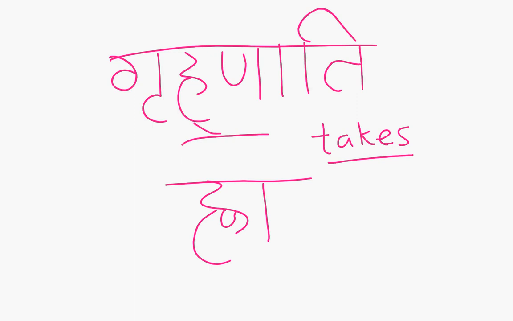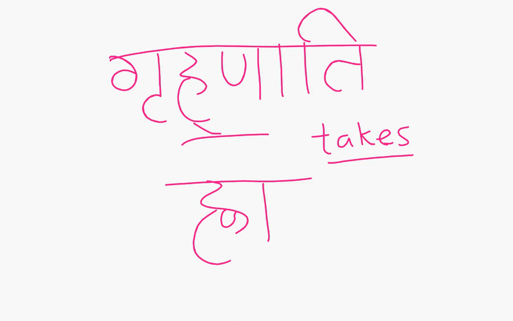Balakaha pustakam grihnati means he takes the book. Svikaroti also means takes, is it? Yes. If you add svi, then svikaroti together means takes or accepts. So it is the same meaning.